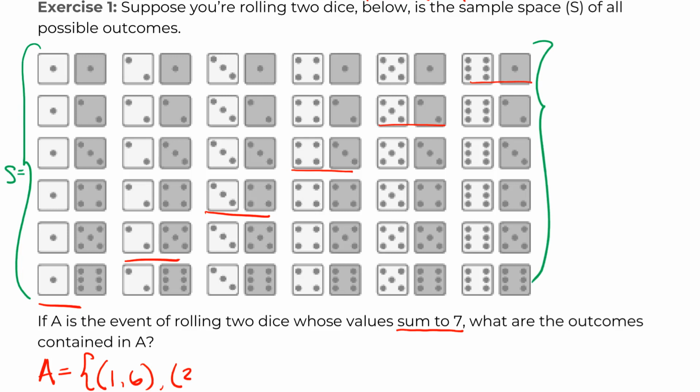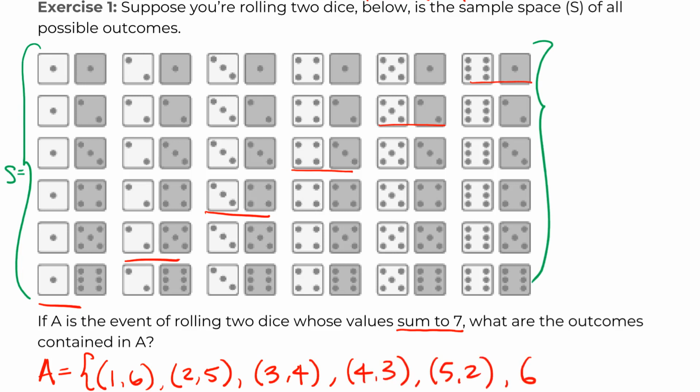Those are all the outcomes in our sample space where our 2 dice sum to a total of 7. Boom. So again, we'll use a little set notation to say, hey, here is everything that makes A true. Here are all the outcomes that would be in event A.